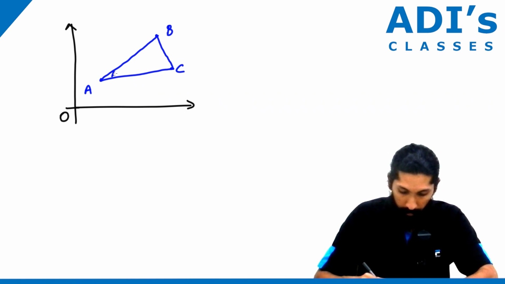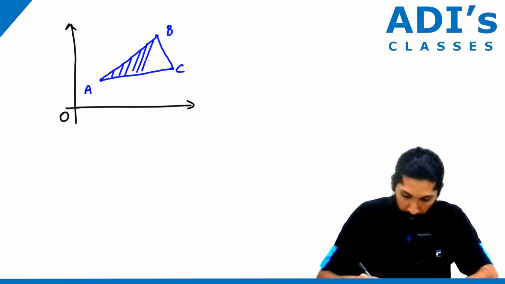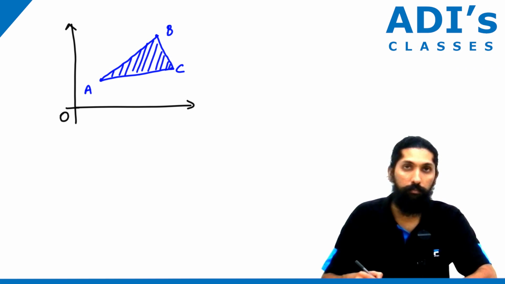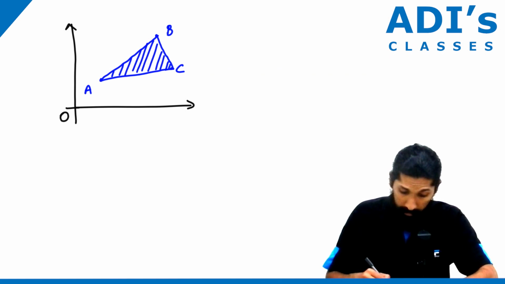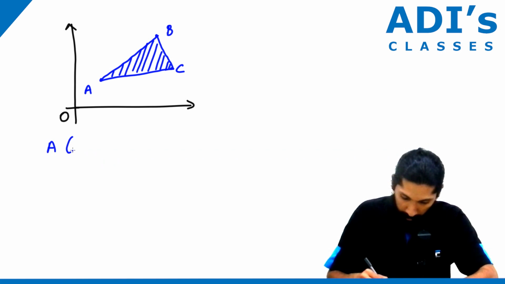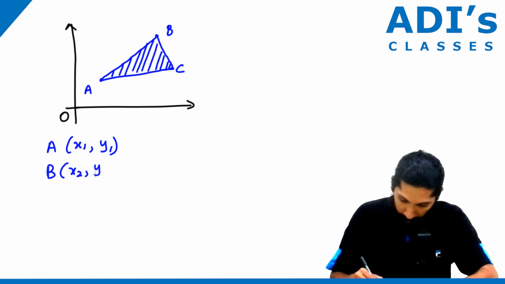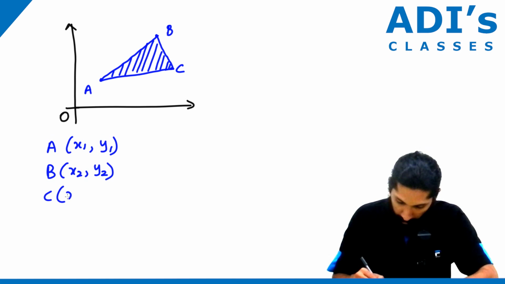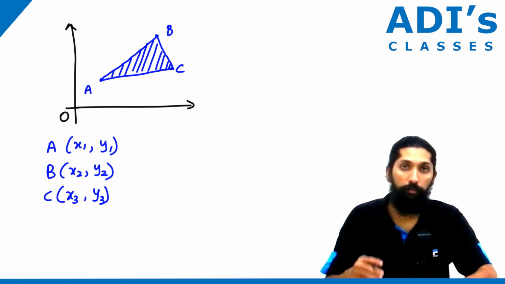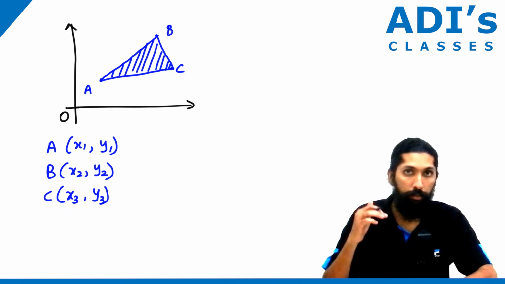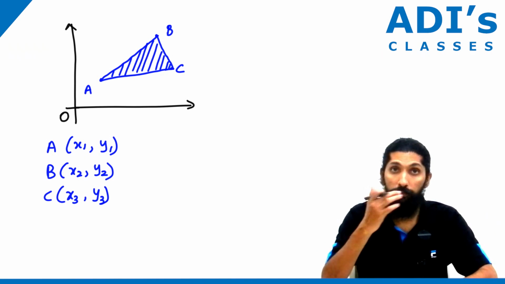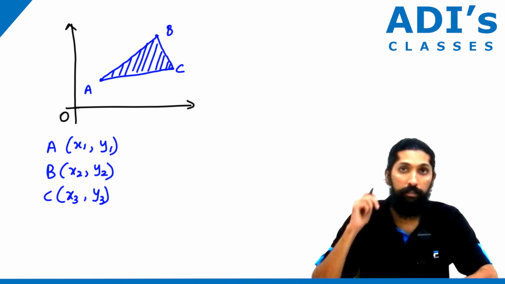Now I'm trying to figure out the area of this particular triangle. The coordinates: A is (x1, y1), B is (x2, y2), and C is (x3, y3). Fair enough? So we have 3 points. Now the area of the triangle formed by these 3 points.